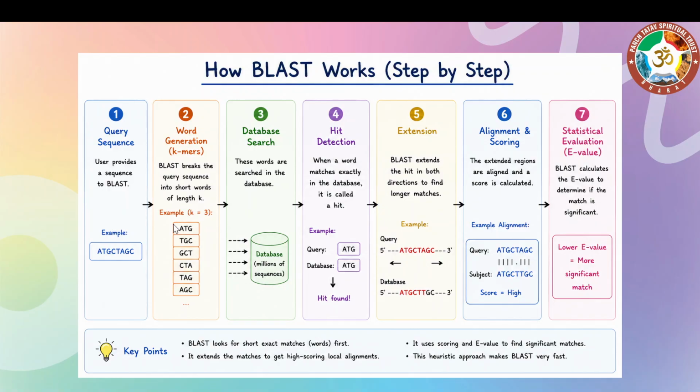Our ATG from the query sequence matches those 4 sequences in the database. So these become potential candidates, because our word ATG matched in those sequences.